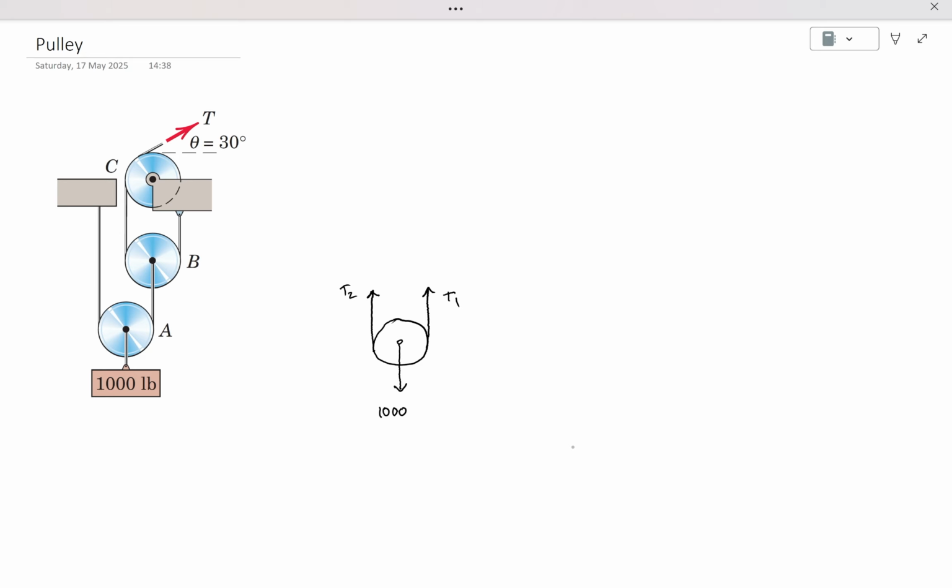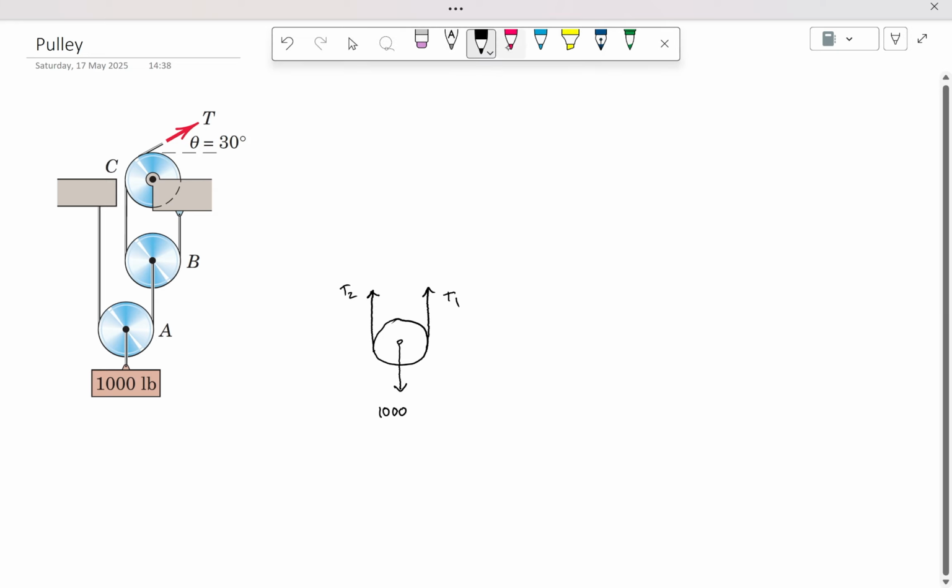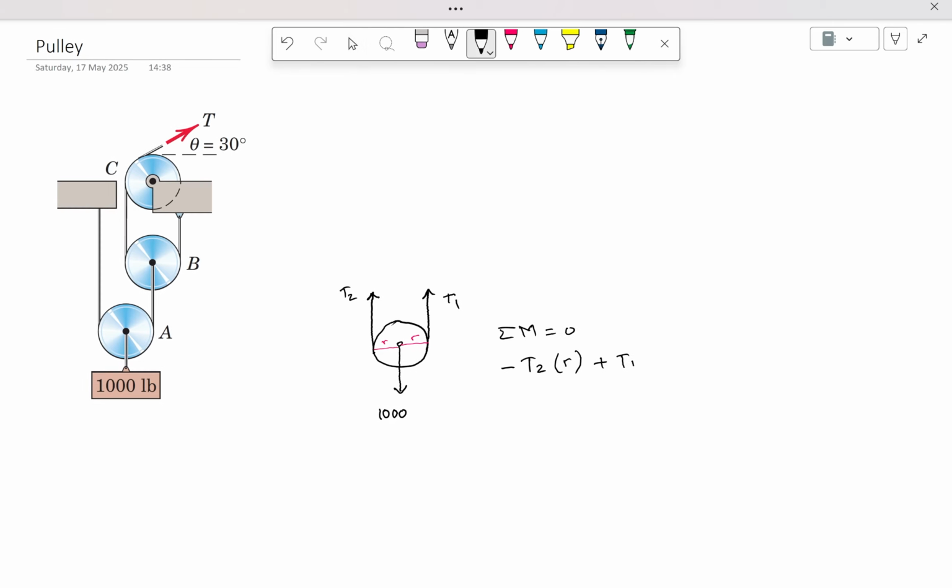If you take a look at this clearly, the radius is R, and this radius is also R. So if you take the moment right at the center of pulley A, sigma moment equals 0, it means that T2 will create a clockwise moment, so minus T2 times R, plus T1 will create a counterclockwise moment, so positive plus T1 times R, equals 0.